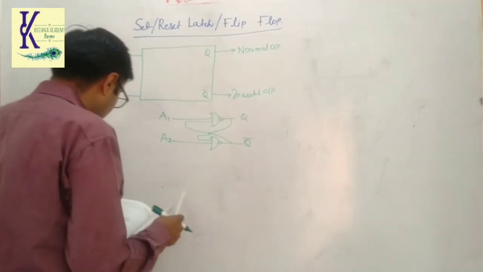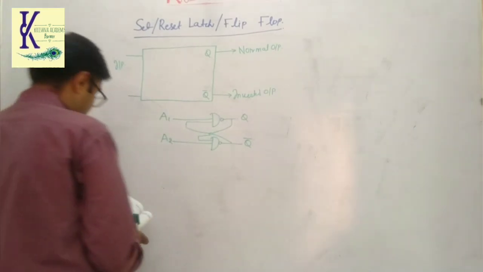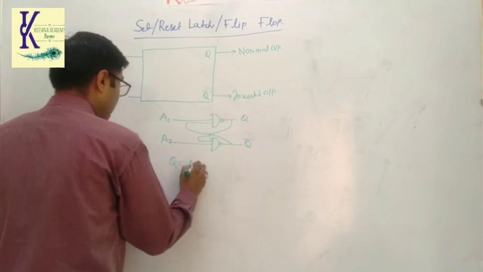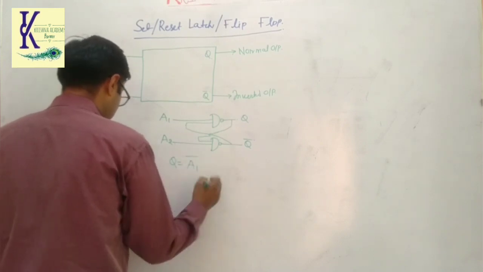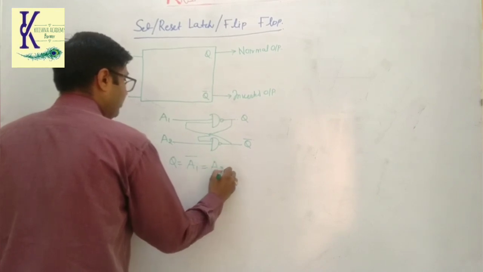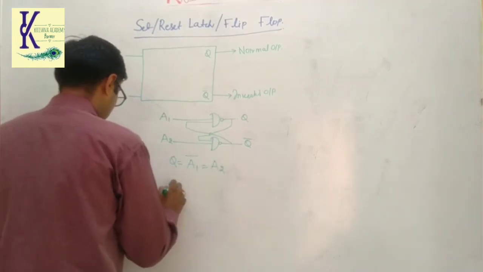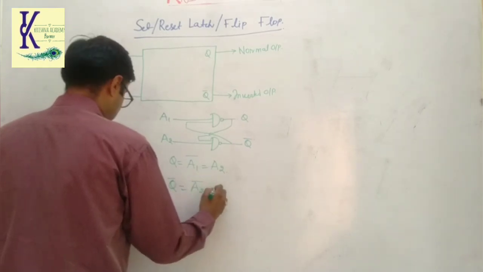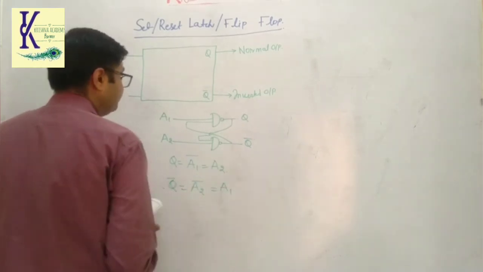To illustrate this, Q equals A1 bar and that is A2, and Q bar equals A2 bar and that is A1.